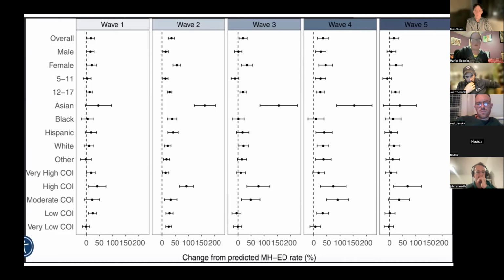This is broken down by neighborhoods. Lots of hospital visits, right? Moderate, low, and very low. It's hard to imagine that children in these low COI zip codes weren't suffering, right?